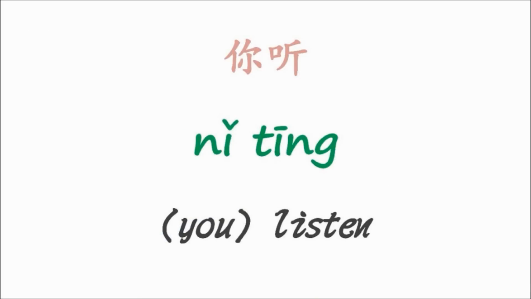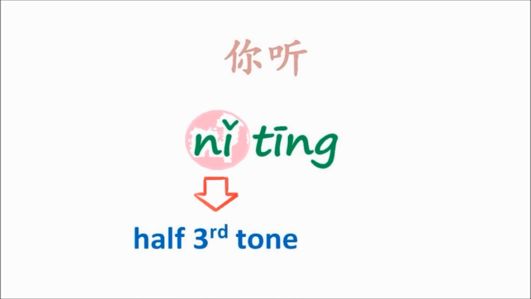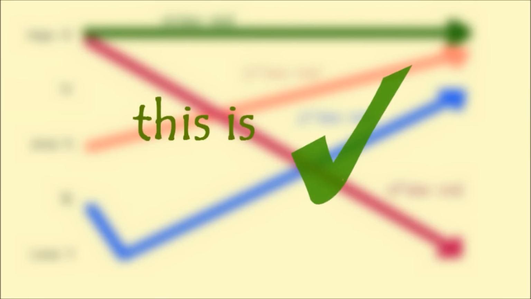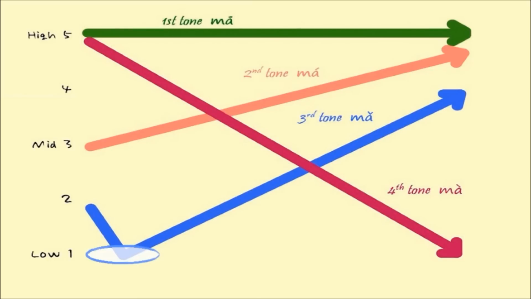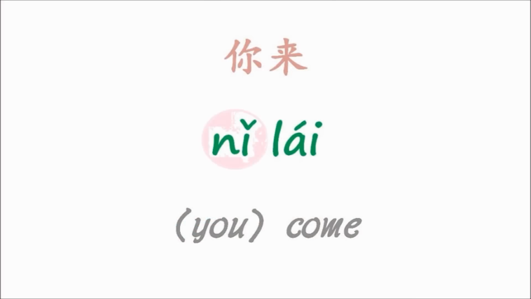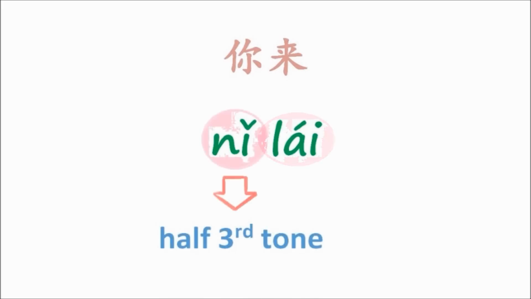Let's look at the examples again. 你听. In 你听, 你 is a third tone. 听 is a first tone, so 你 becomes a half third tone. We don't say 你听 but instead say 你听 你听. Now let's look at 你来. 你 is a third tone, 来 is a second tone, so 你 becomes a half third tone.